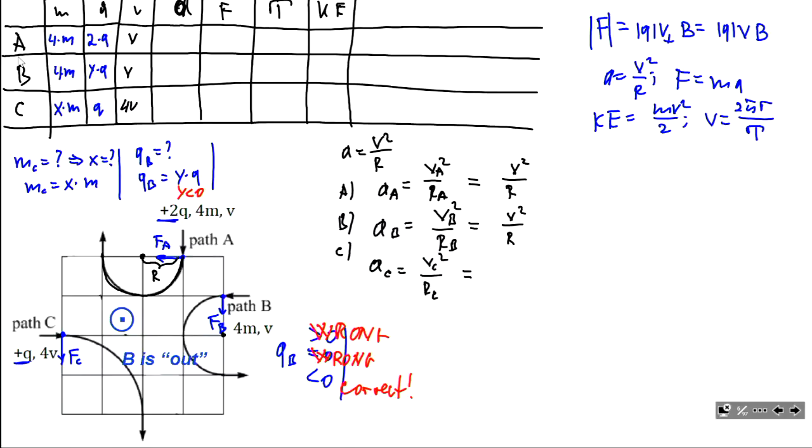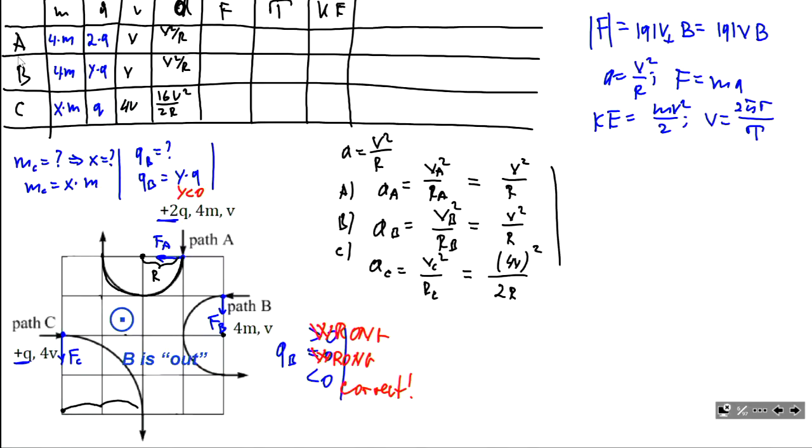Particle C, for particle C, speed should be equal to 4 times of speed of particle A. And the radius now is not just 1 r, but 2 r's. Actually, this is what I should have here. 16 over 2r, bless you.